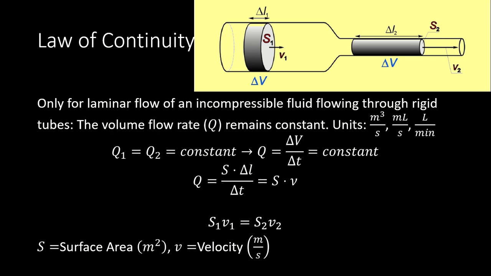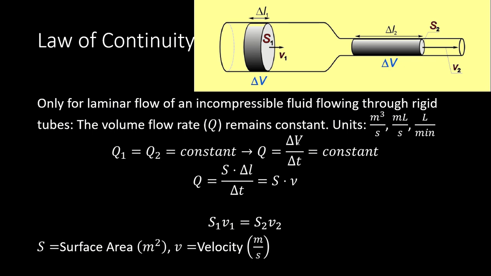Because, according to the law of continuity, the volume flow rate at some point in time, Q1, must be equal to the volume flow rate somewhere down the vessel, Q2. Therefore, this is some constant, and we can take that as Q equals the change in volume per change in time equals some constant.